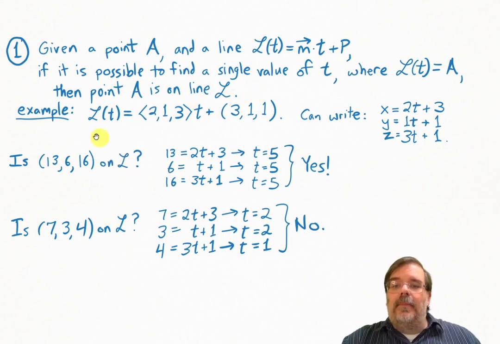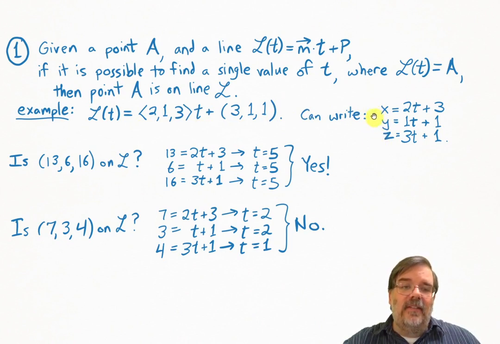So here's an example. Let's say L of t is the line with slope vector 2, 1, 3 times t plus base point 3, 1, 1. Now last time we talked about how we were able to take this parametric vector form of the equation and break it down into 3 equations, one for each of the parts x, y, and z.